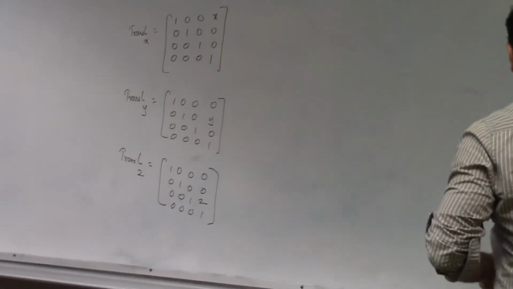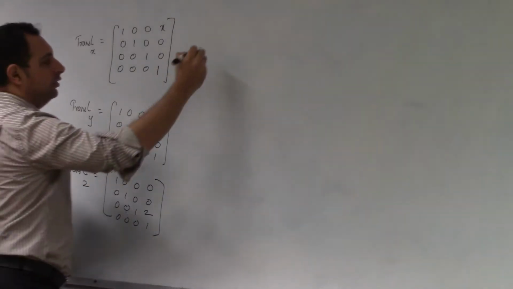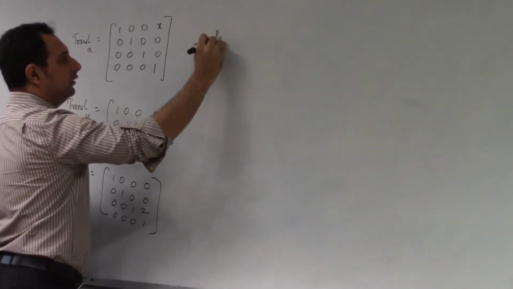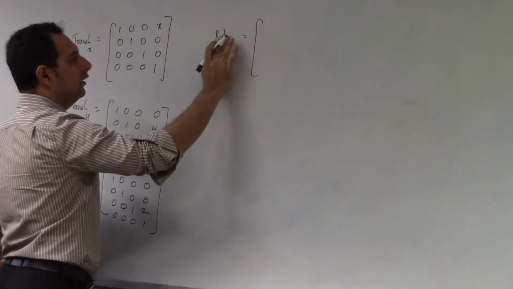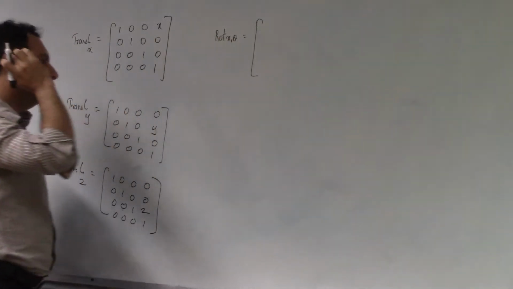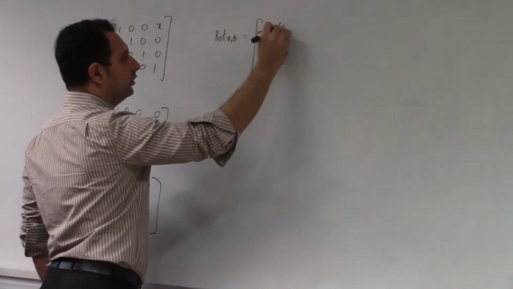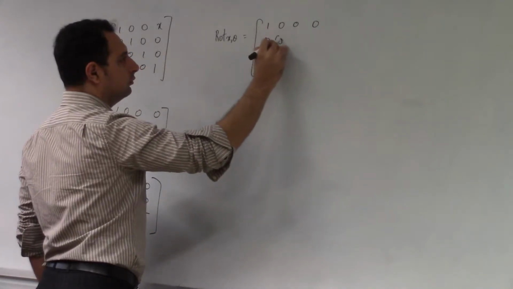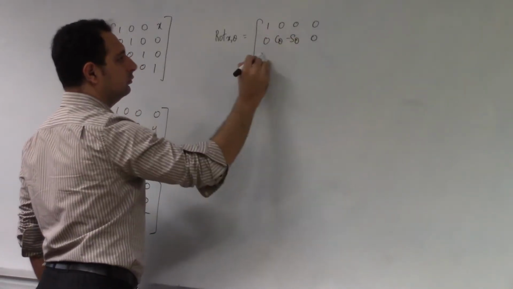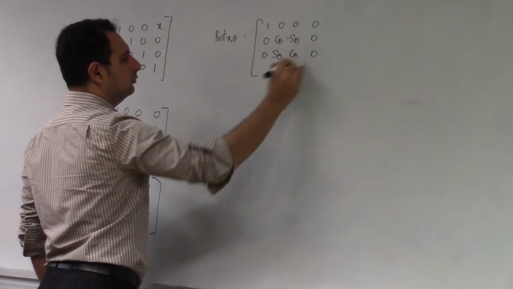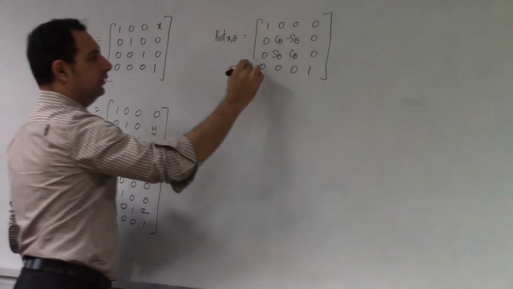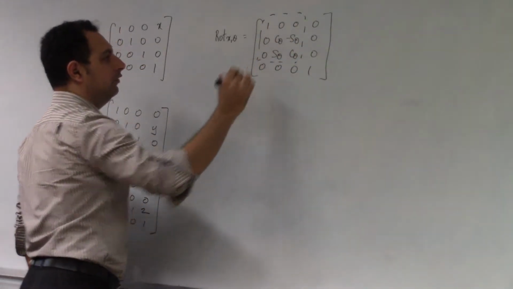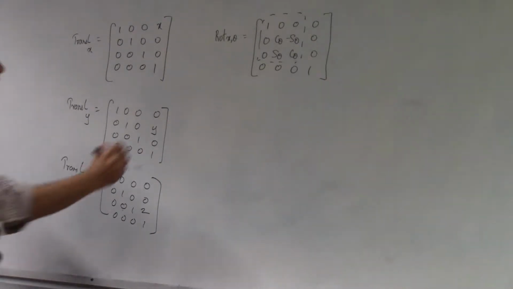Conversely, I can have a simple rotation as a homogeneous transform. So I can have rotate x by, let's say, theta. In the homogeneous form, obviously, it's going to be this. Okay, so this is again the same matrix that we have previously. Rotate y.